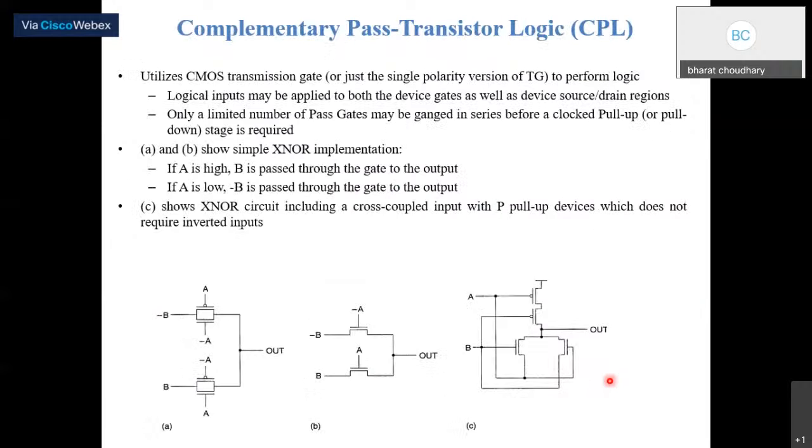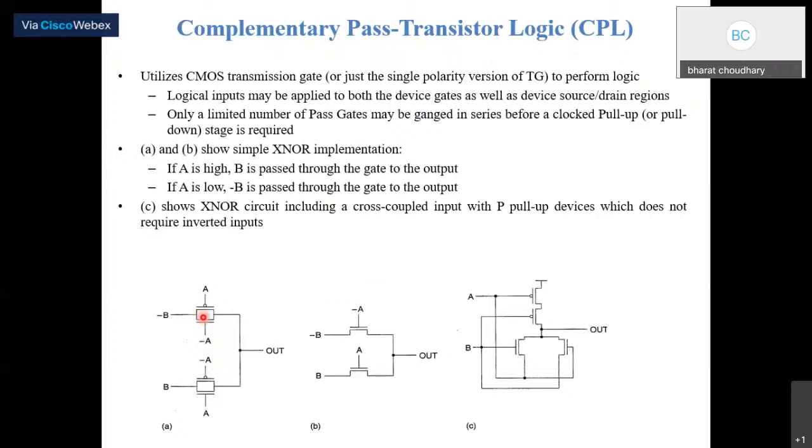So now next is complementary pass logic. Complementary pass logic means here we are utilizing the CMOS transmission gate and just the single polarity version of the transmission gate to perform any logical function. So logic inputs may be applied to both the device gates as well as the device source and drain.